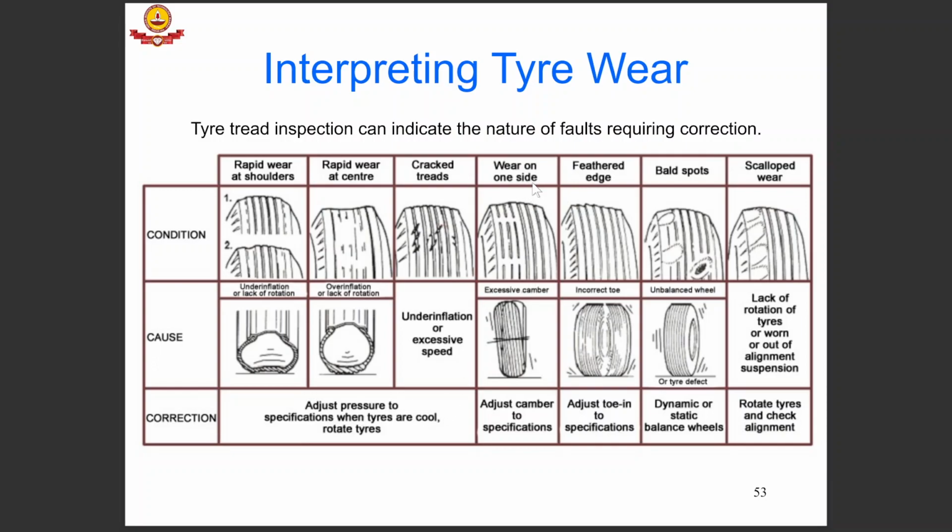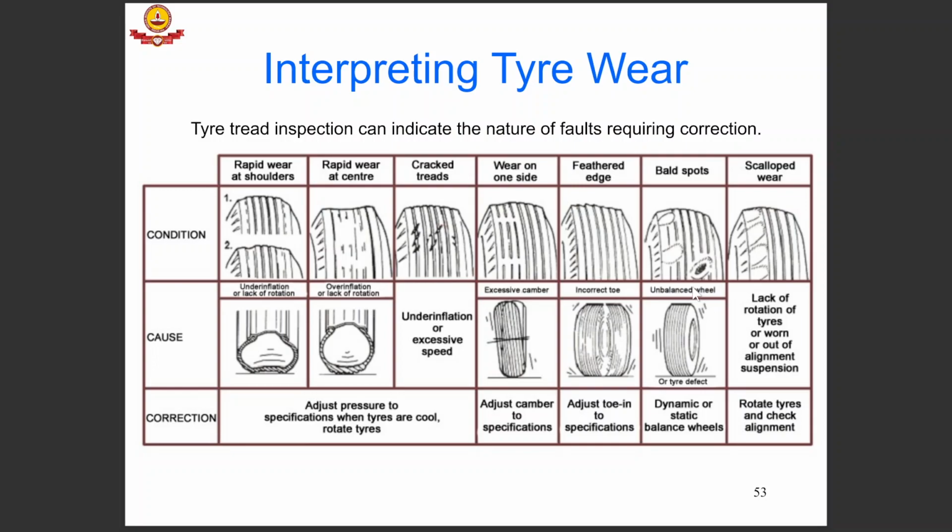Then we have wear on the sides. This can be because of excessive camber, and we have to adjust the camber to the specifications. If we have feathered edges, it can be caused by incorrect toe. If you have bald spots, that means an unbalanced wheel, which is vibrating too much, causing localized damage repeatedly.